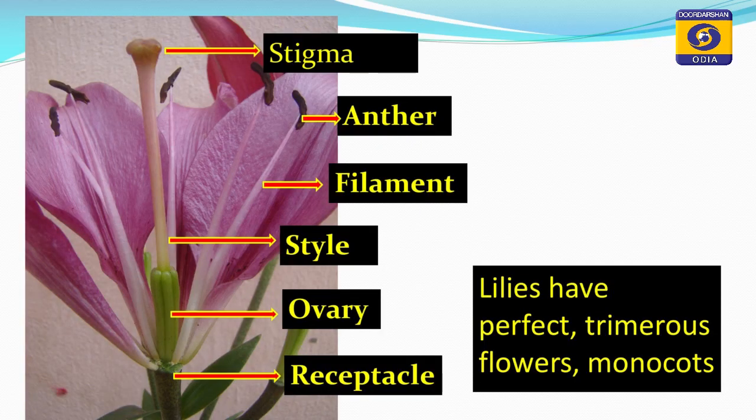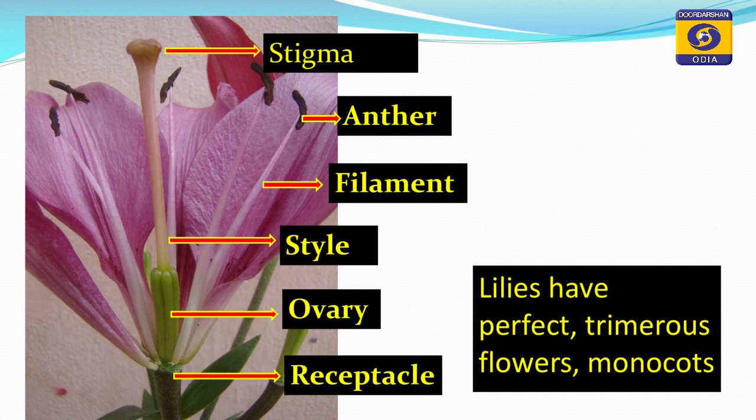This one is lilium, a lily, and you can see this is a trimerous flower. Hopefully it is well visible, it has a good fleshy receptacle, and I have removed some of the tepals from this so that you can see the point from which all the tepals arise.